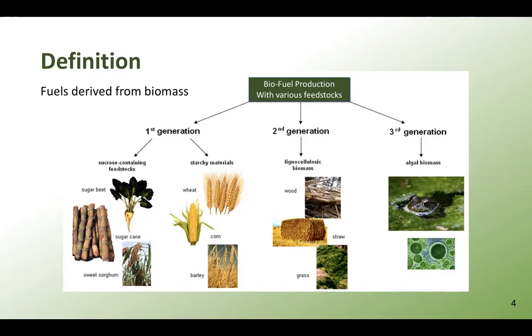So it could be corn, wheat, or sugar beet. As for second generation feedstocks, they're mainly lignocellulosic biomass, basically agricultural waste, so wood, straw, grass. And third generation feedstocks are algal biomass, so they can either be microalgae or macroalgae.